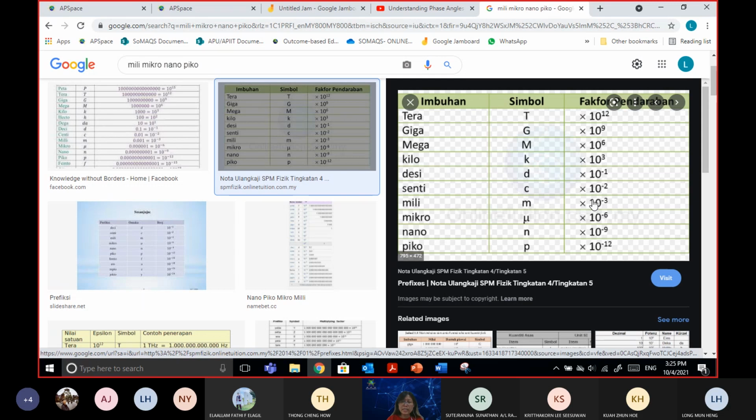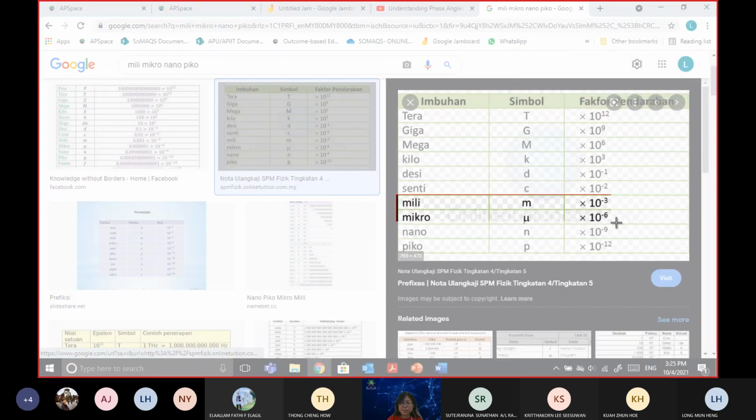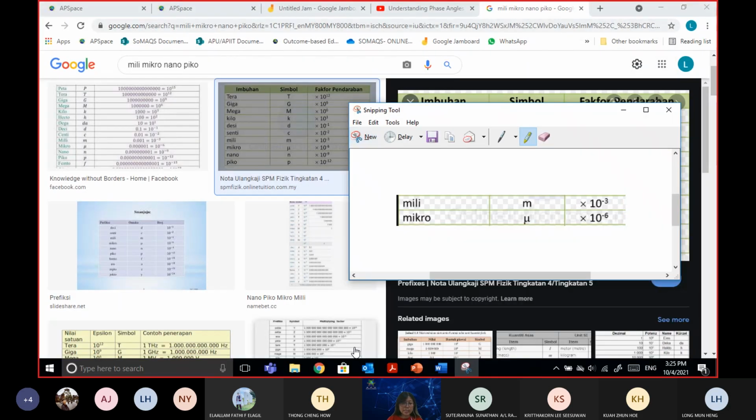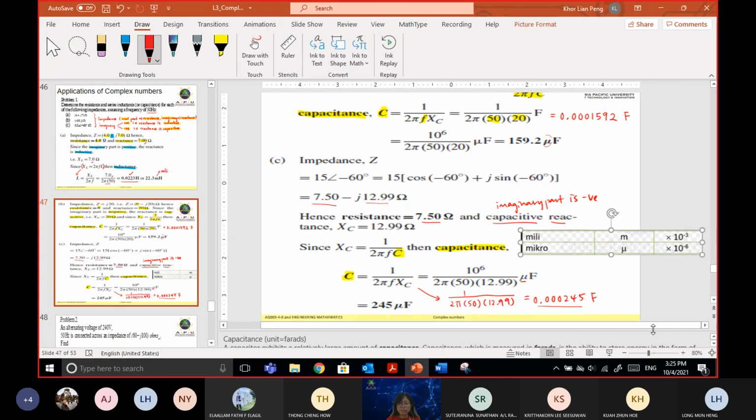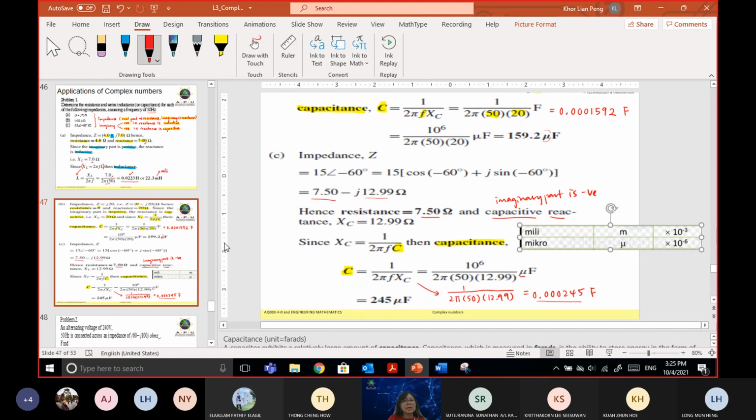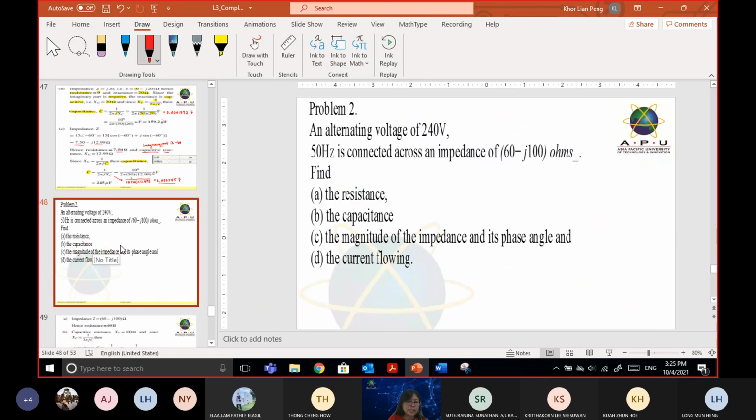Just now we had milli, 10 power negative 3. And we have micro, which is 10 power negative 6. So for your info, this is applied in the calculation just now.